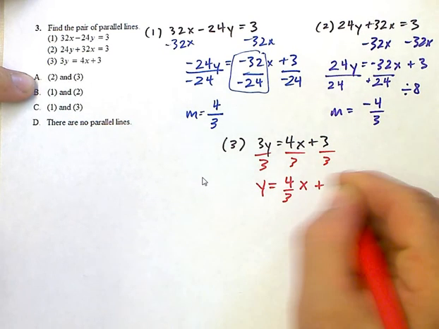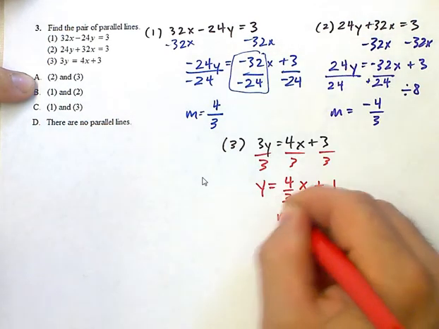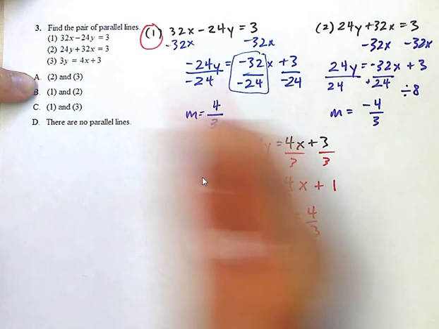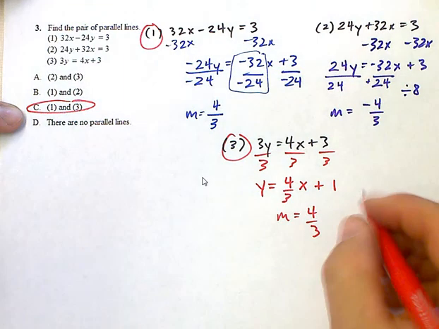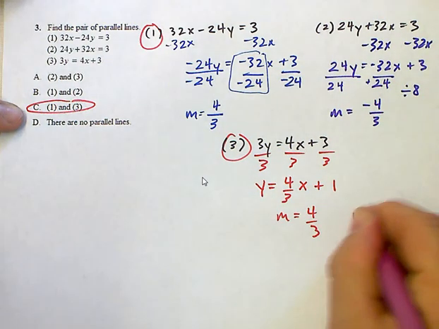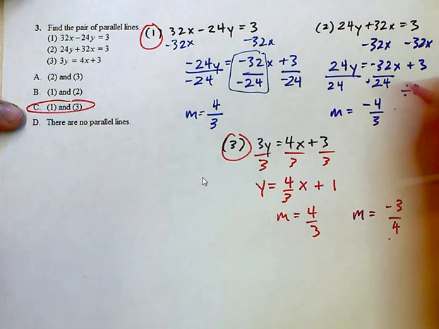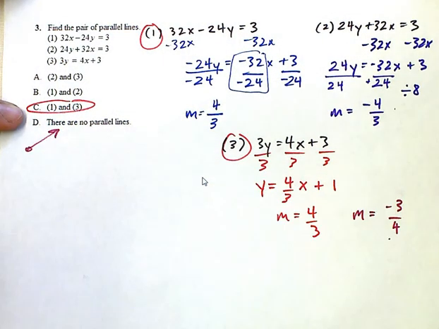And I see I have a match in slope here from my lines 1 and 3. I would want answer choice C. Now, if this ended up being a totally different slope, maybe m is equal to negative 3 over 4, and I didn't have a match with all 3 slopes, then maybe I can look at this being my answer. But I did have a match with these two, so I'll say 1 and 3 is the answer.